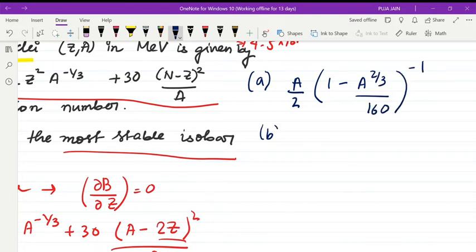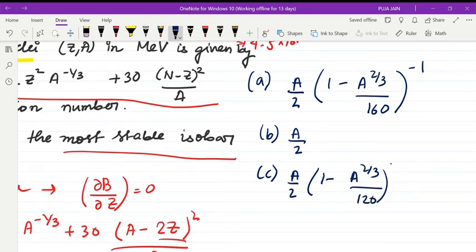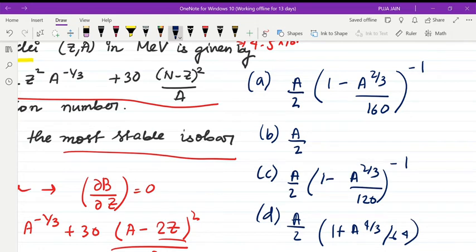Option B: A by 2. Option C: A by 2, 1 minus A to the power 2/3 by 120, whole to the power minus 1. And option D is A by 2, 1 plus A to the power 4/3 by 64. Okay, so these are the options.